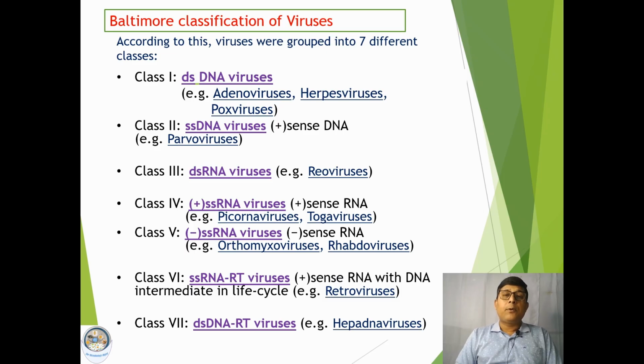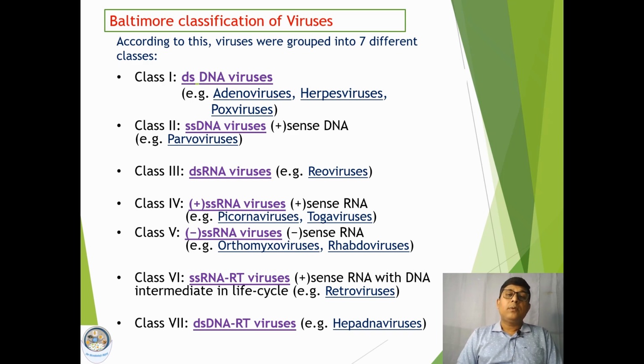As we have already discussed, viruses were classified into 7 different classes, written as class 1, class 2, class 3 to class 7. Class 1 includes the double-stranded DNA viruses, where the genetic material is DNA and it is double-stranded.